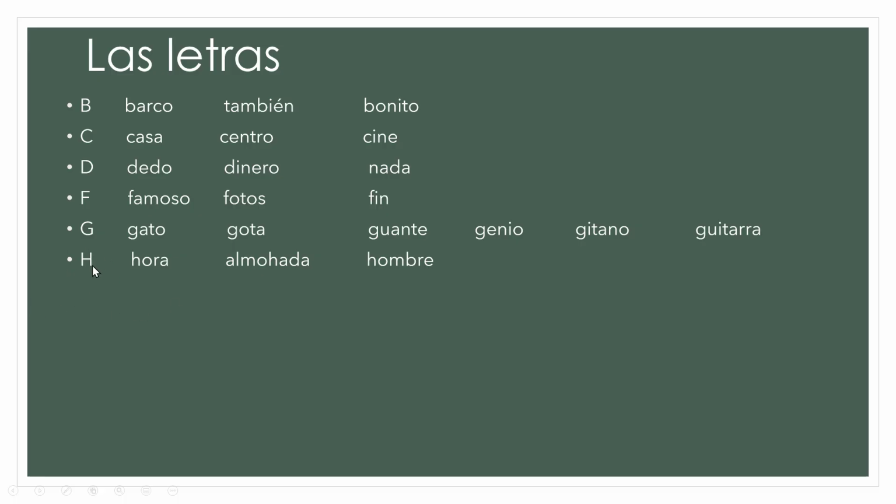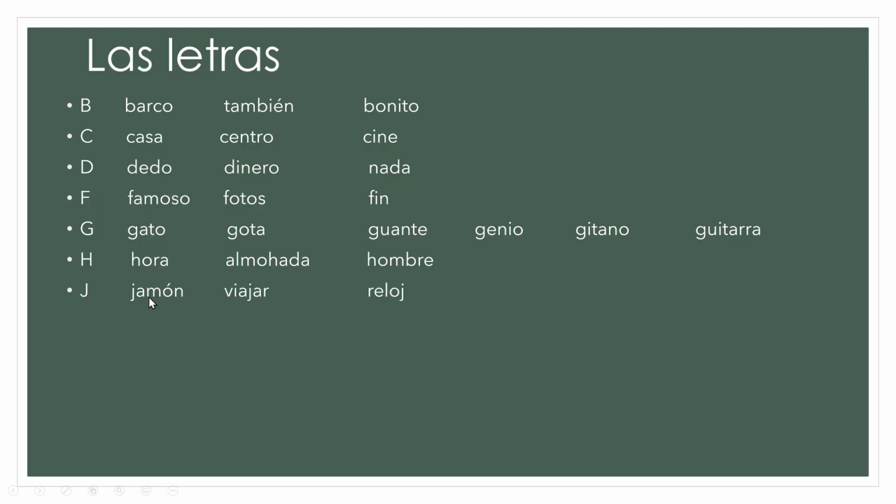H. The H is always silent. As in this example, hora. That means hour. So just pretend that it's not even there. Almohada, pillow. Hombre, man.